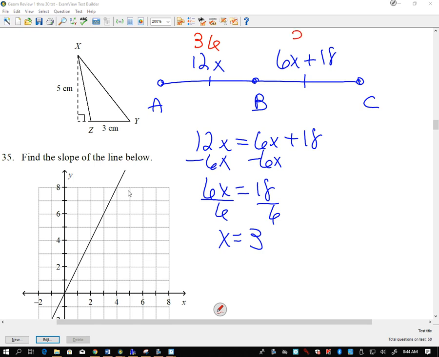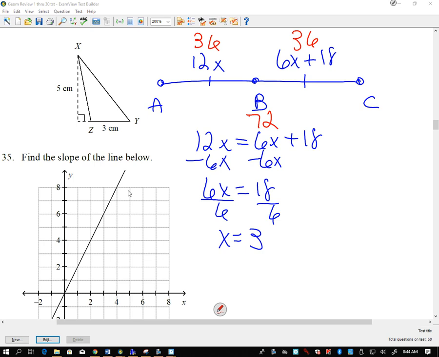And I should have already known what BC was going to be the moment I knew what AB was, right? Because if B is the midpoint, I know that those two are going to be equal to each other, which means AC is what? 36 and 72. Okay, so I should get 36, 36, and 72.